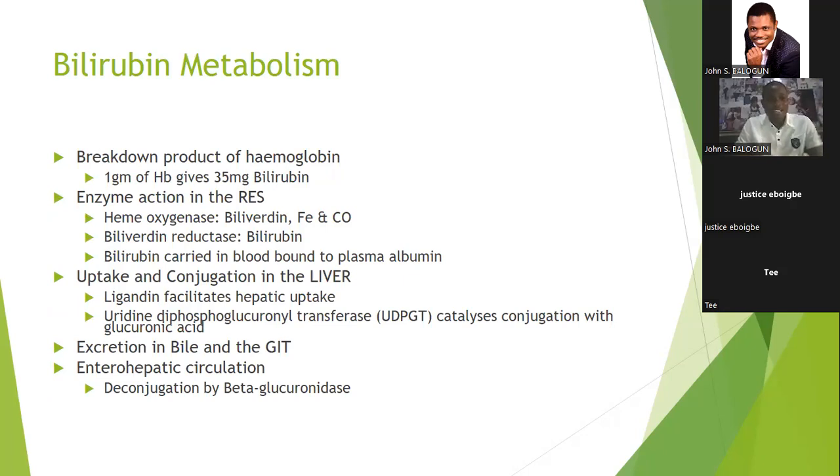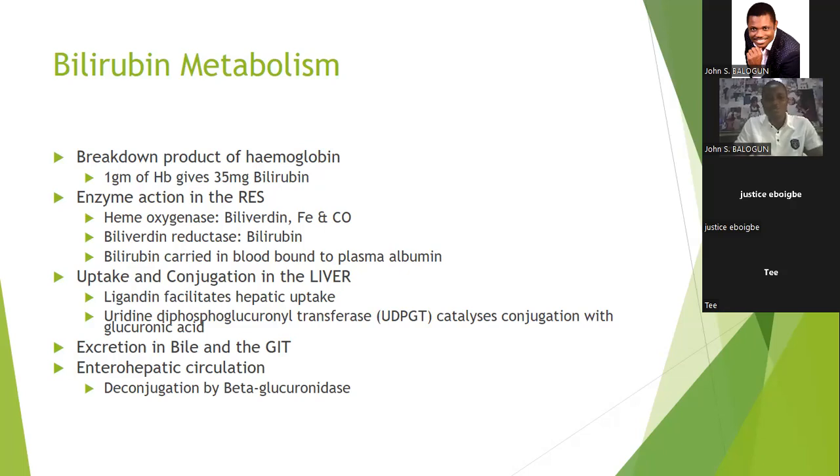I've talked about ligandin Y that facilitates hepatic uptake. Then I've talked about the uridine diphosphoglucuronosyltransferase, which catalyzes the conjugation with glucuronic acid. And after the bilirubin has been conjugated, it is now excreted in bile, and then it is emptied into the GIT. I hope that is taken.